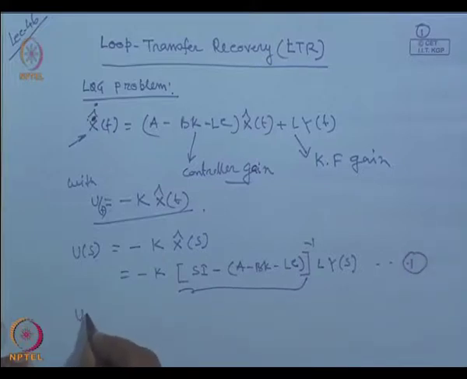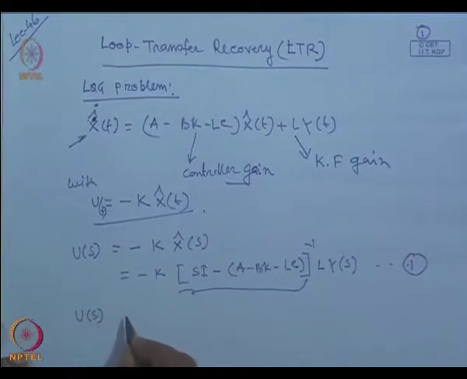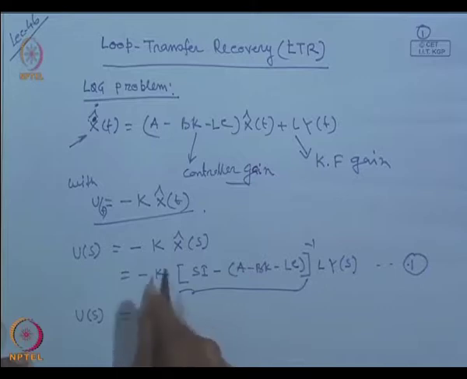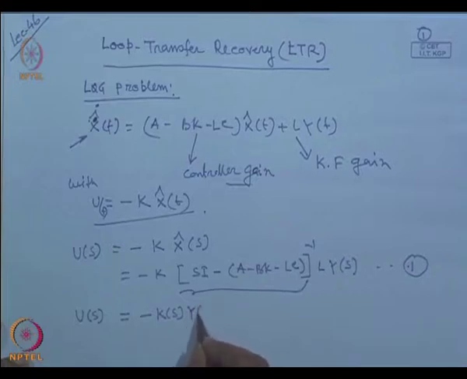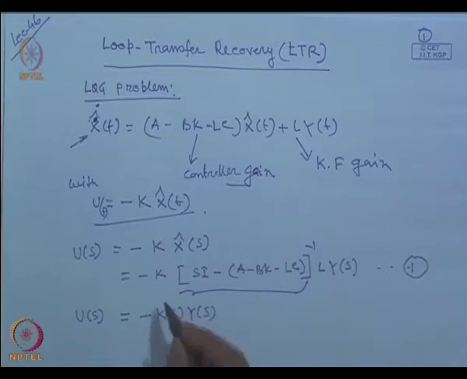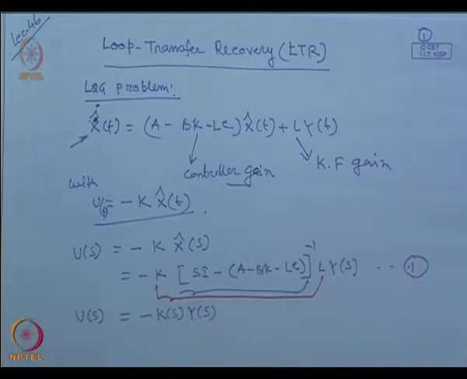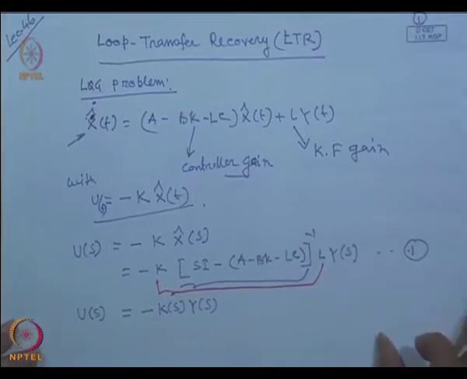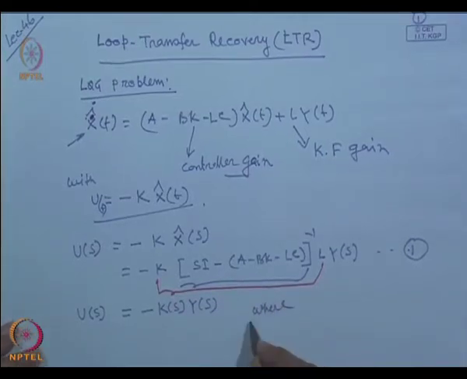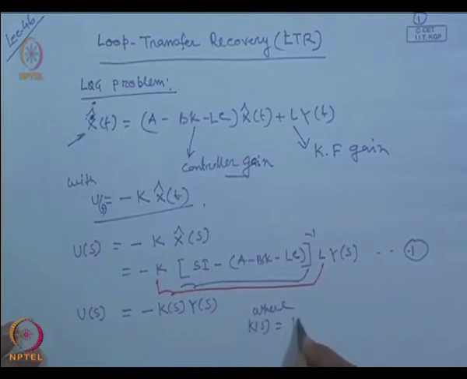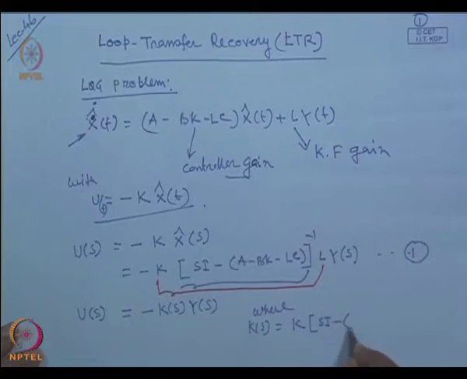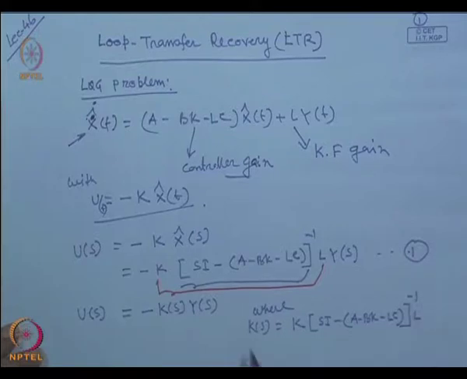We have u of s is equal to minus K of s into y of s, where K of s is equal to K times s I minus A minus B K minus L C, whole inverse, into L. This is our K of s.